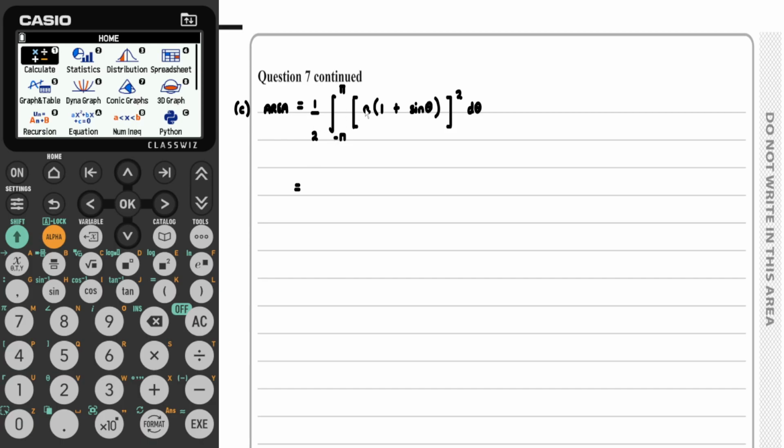So we have a half times a squared, which is then multiplied by the integral from negative pi to pi of 1 plus sine theta squared d theta.